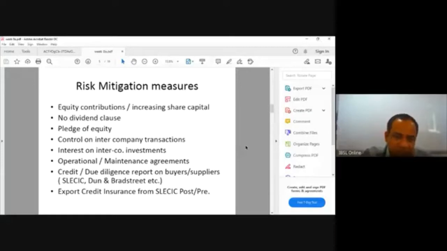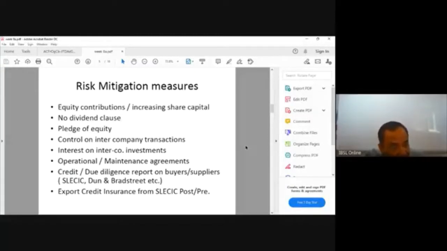The other one is operational maintenance agreements. We say that for a particular lease you have taken, machinery or vehicle, you need to have an agreement to periodically service it, right? Because that's an asset under lease to you, and you have a financial interest in that.